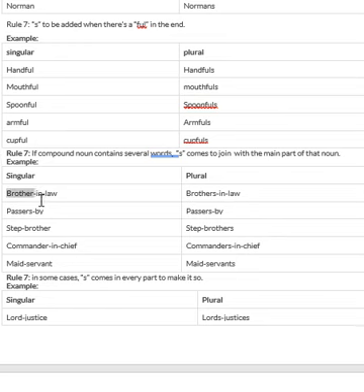Brother is the main word here. You will have to add s here to make it plural: brothers-in-law. Passer-by, you will have to add s here: passers-by.